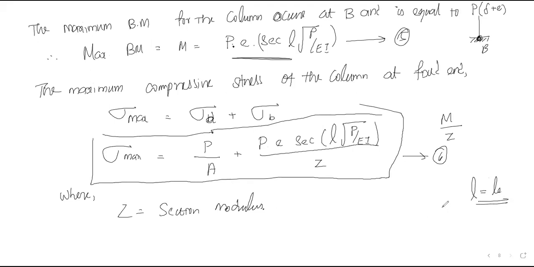For example, if one end is fixed and the other end is free, then for that LE we take 2 times L. So LE is equal to 2 times L, therefore this L becomes LE by 2. This is how we are going to substitute.